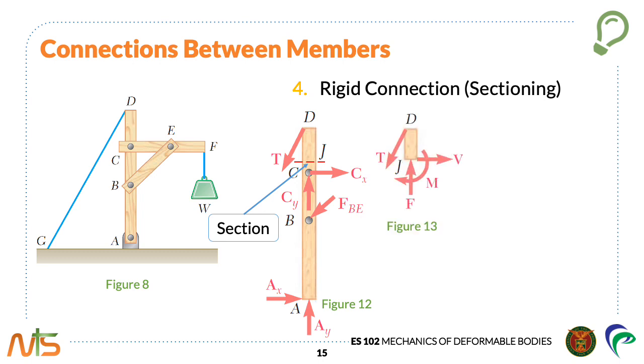Considering the free body JD, we find that its equilibrium will be maintained if we apply at J a force F to balance the vertical component of T. Also a force V to balance the horizontal component of T. And the couple M to balance the moment of T about J. The internal forces acting on the portion JD of member AD are equivalent to the force couple system shown in figure 13.